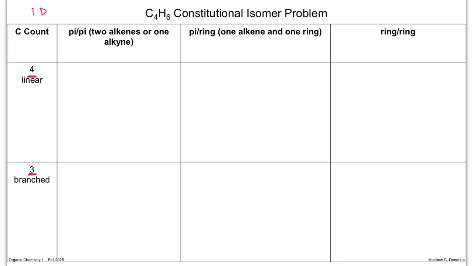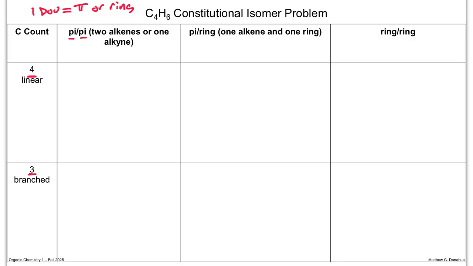So 1 degree of unsaturation is a pi bond or a ring. But now we have 2 degrees of unsaturation, so we need the combinations of those things. So for, say, a linear compound with 2 pi bonds, that could be 2 alkenes or 1 alkyne, if we do that translation.